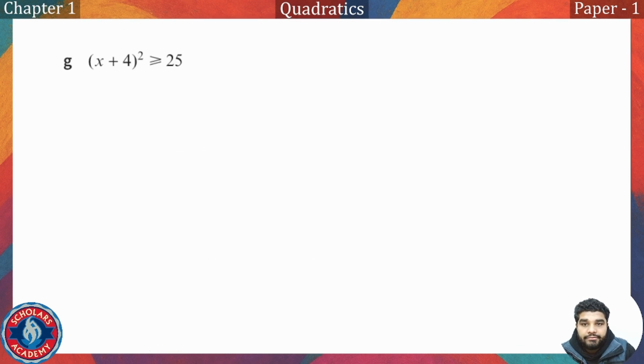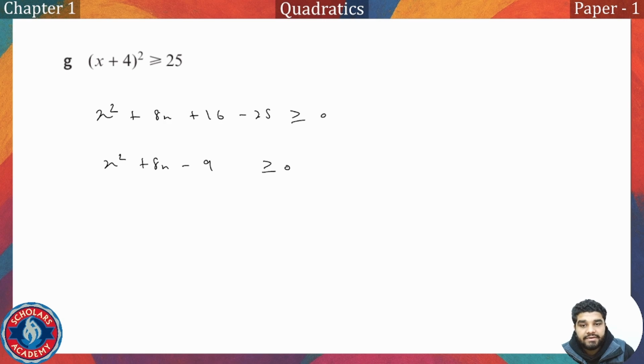Alright. First of all, we'll open this whole square. We get x square plus 8x plus 16 minus 25 is greater than 0. So if we simplify it, we get x square plus 8x minus 9 is greater than or equal to 0. So let's form factors over here.